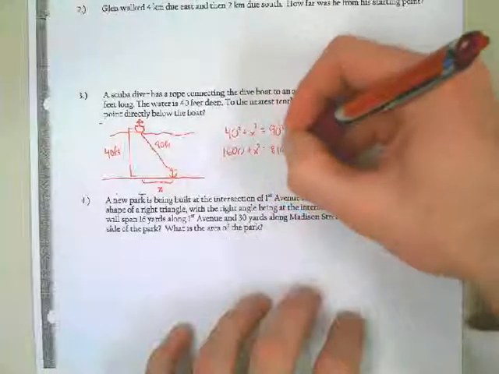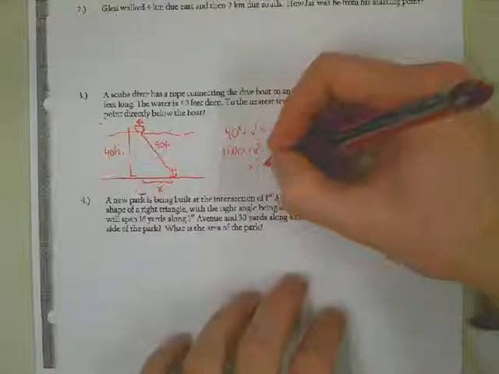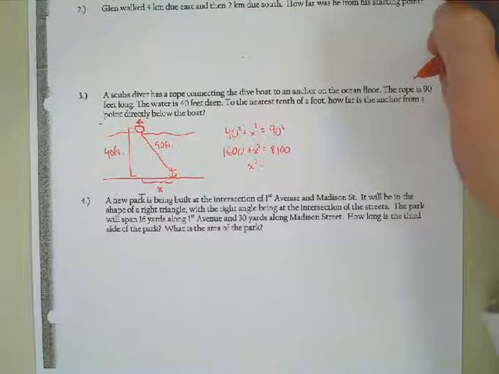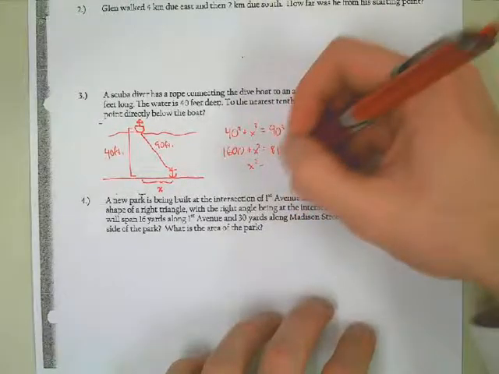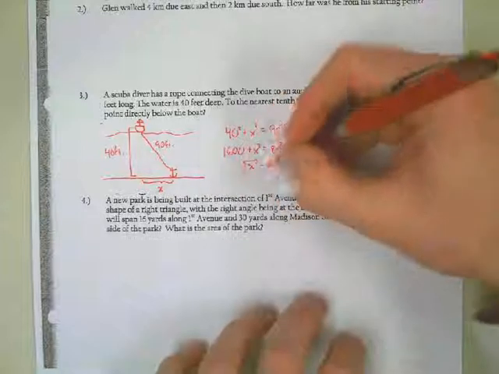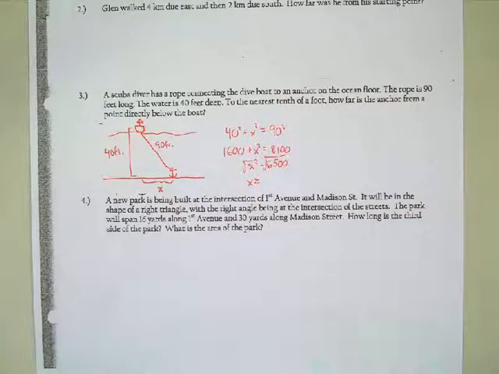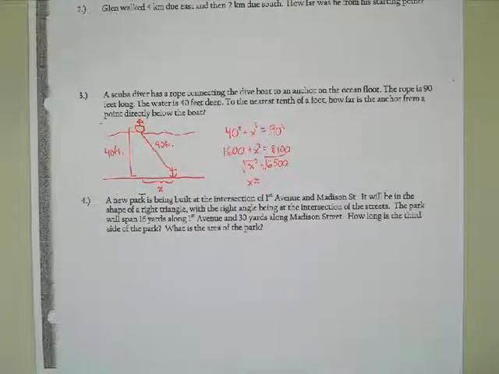And so we get 6,500. And square root both sides. And again, a decimal is fine here. I'm going to put a little squiggly equal sign, though, because we are estimating. And we estimate to be about 80.6. And that's, again, in feet.